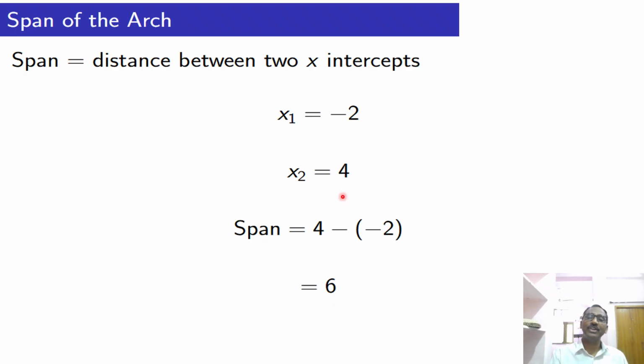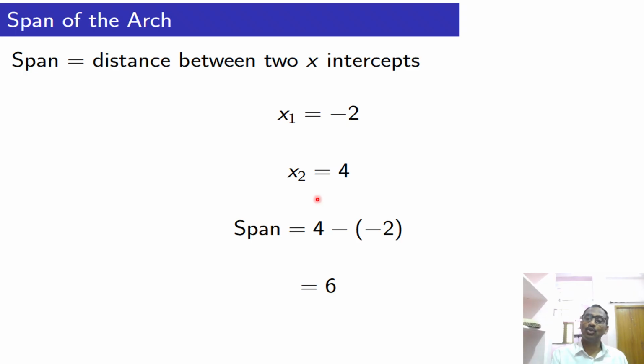So x1 is minus 2, x2 equal to 4. So span equals 4 minus of minus 2, which gives the distance between these two on the x-axis.